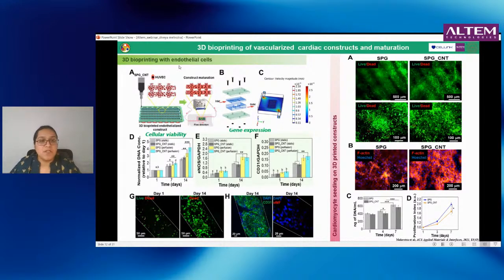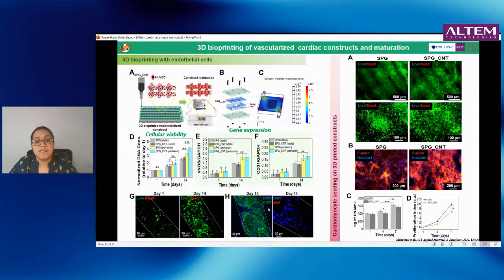When we cultured these vascularized cardiac constructs, we found that by day 14 in a perfusion reactor, they had started to form a vessel-like structure that could be seen by different staining as well as gene expression studies, and they had good survival as well.